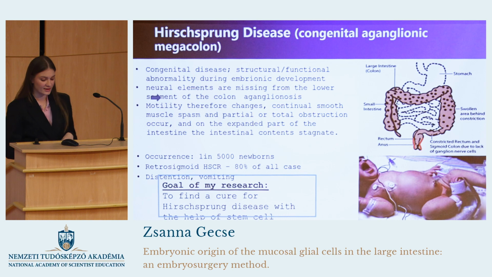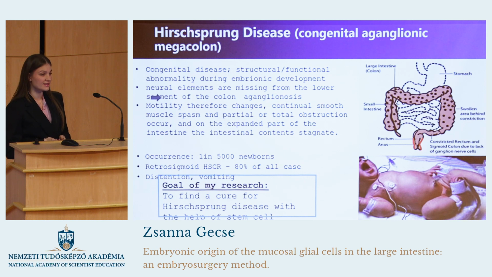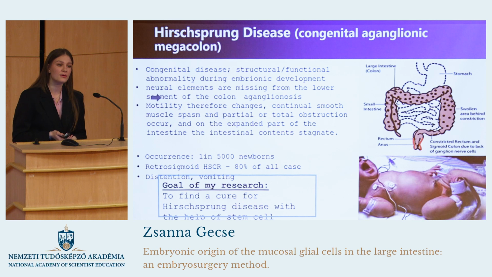And because of this, usually vomiting and distension occurs, and the occurrence of this disease is 1 in every 5,000 newborns. And the goal of my research is to find a cure for Hirschsprung disease with the help of stem cell therapy, because now the only option that we have is a surgical method how we cure this disease.